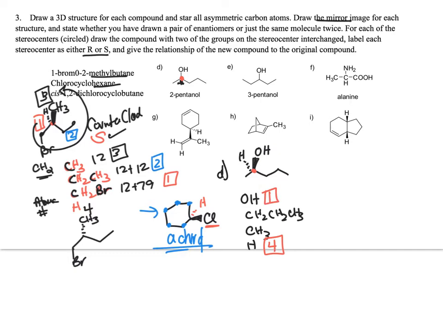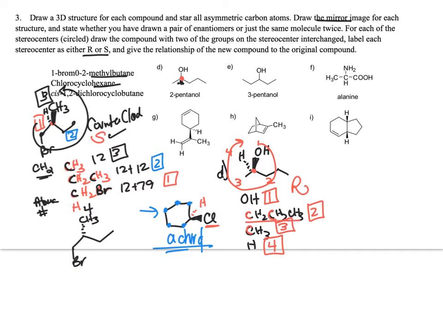Oxygen is going to be 1. And then you have propyl, which is going to be 2, because the carbon then goes to another carbon. And then this carbon will be 3. So then we have 1, 2, 3, 4. And then you connect the dots, and you see that that's clockwise.